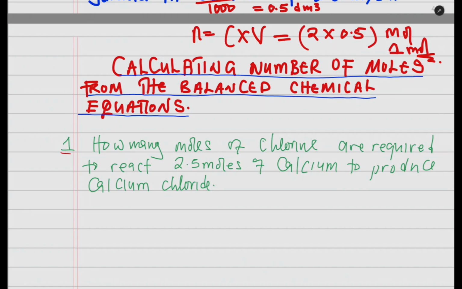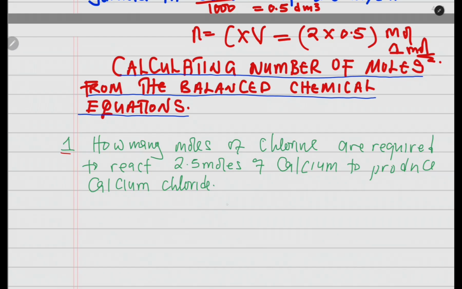And to start with, you are going to introduce this question: how many moles of chlorine are required to react with 2.5 moles of calcium to produce calcium chloride? So here, we are not just going to go direct into calculating. The first part, we put up the chemical equation of the reaction here.